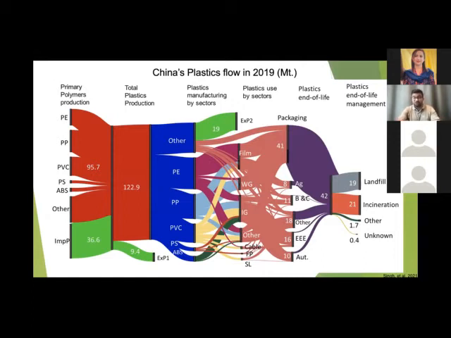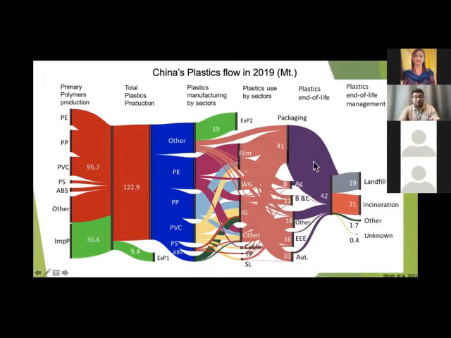But the plastic that ends up within 1 year, also called single-use plastics, is the big concern. So what we found is that 40 plus % of plastic goes to packaging, and within 1 year it ends up in end of life, going to landfilling, incineration, and other.